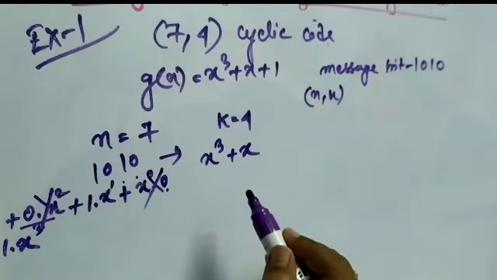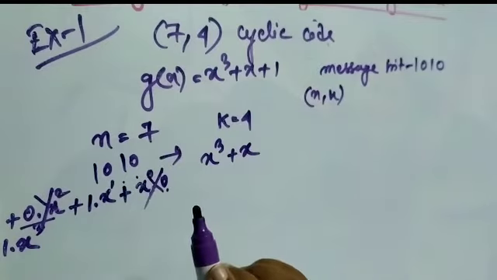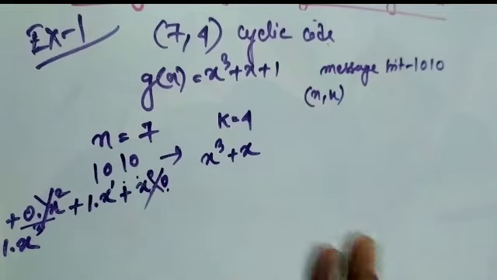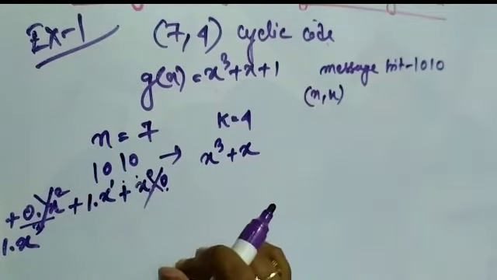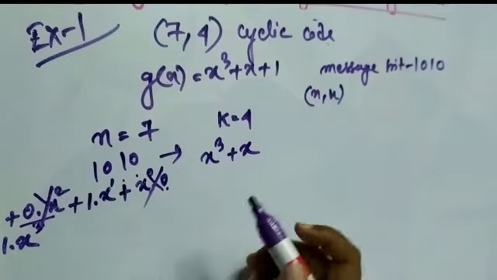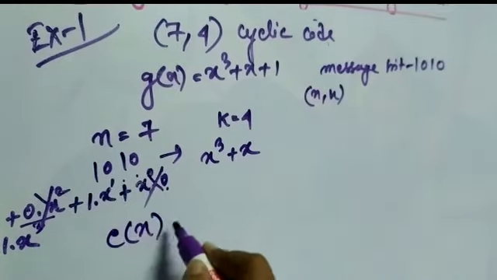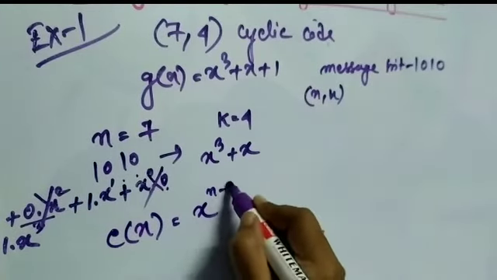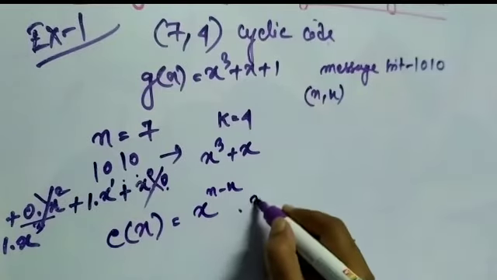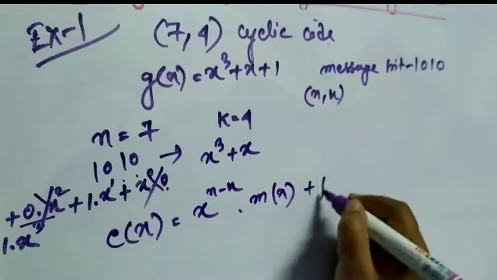Now the basic formula for systematic code word generation was explained just now in the starting of this video. From that equation we can calculate C(x) as C(x) equals x to the power n minus k into m(x) plus p(x).